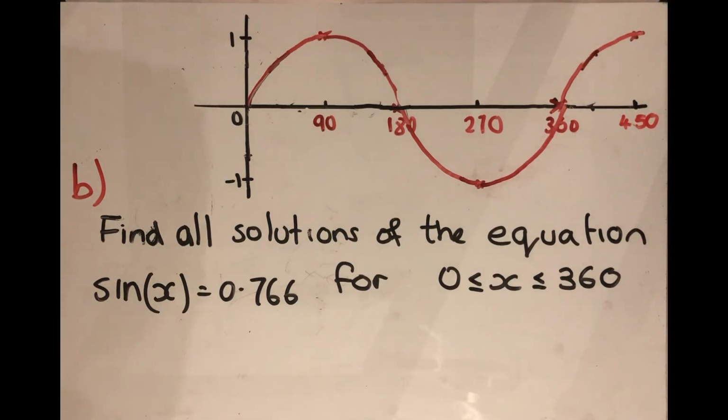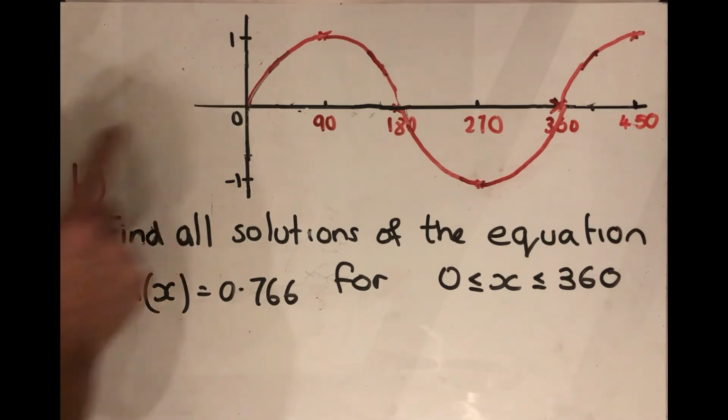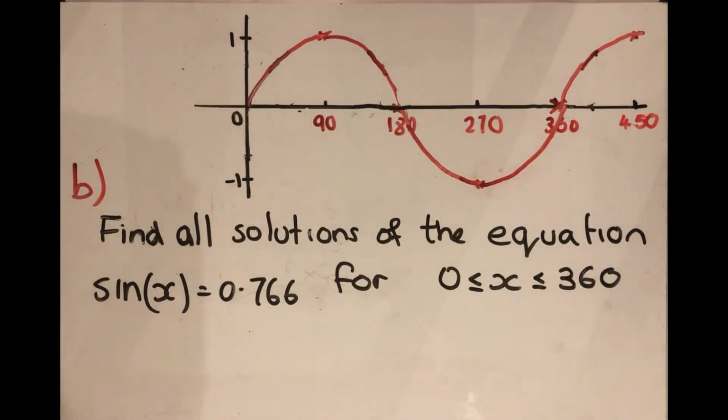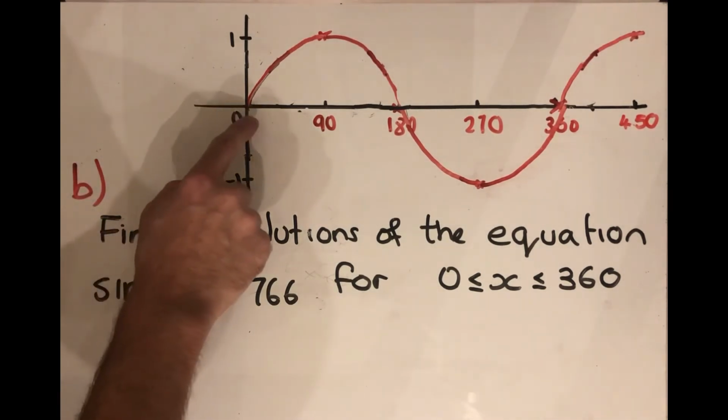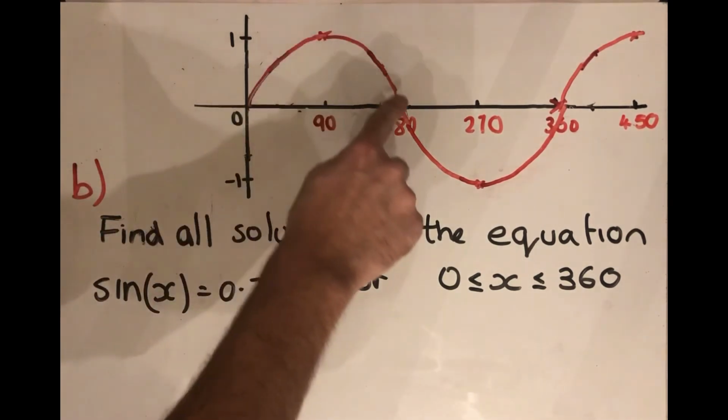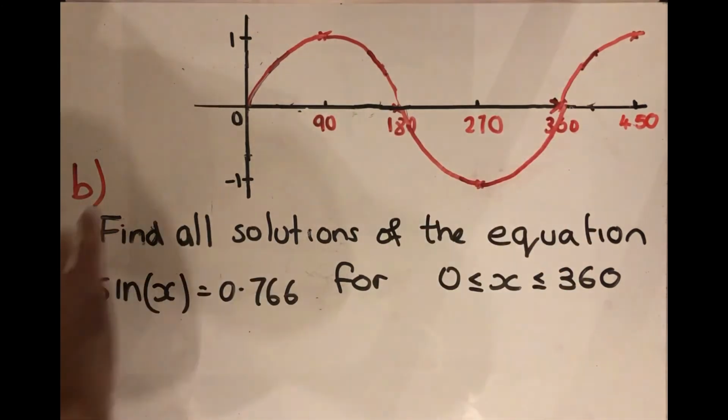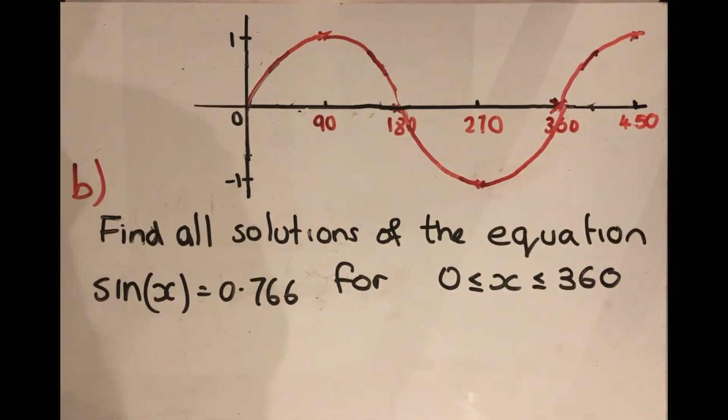So this question, here's my part B. Just to say, my part A was to sketch the sine graph between 0 and 360. Refer back in the video if you're not sure how to do that, but I've used a little table and I've got my values here, 0, 1, 0, minus 1, 0, and continued that wave.